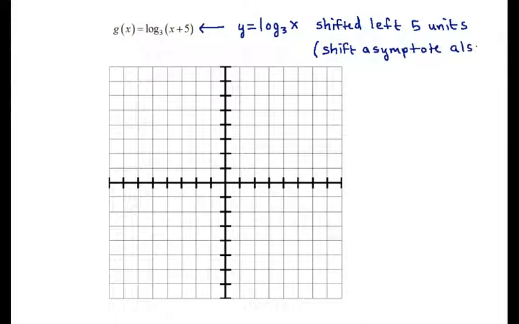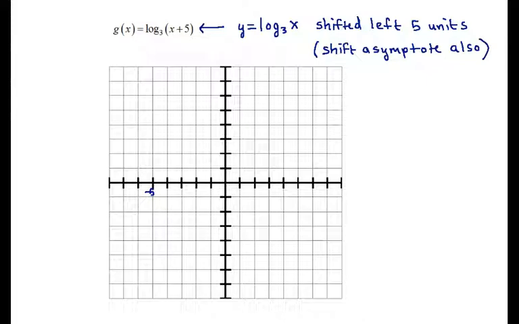And in fact, we can do that before we know any of the points on this graph. That asymptote is going to be shifted from x equals 0 to x equals -5.